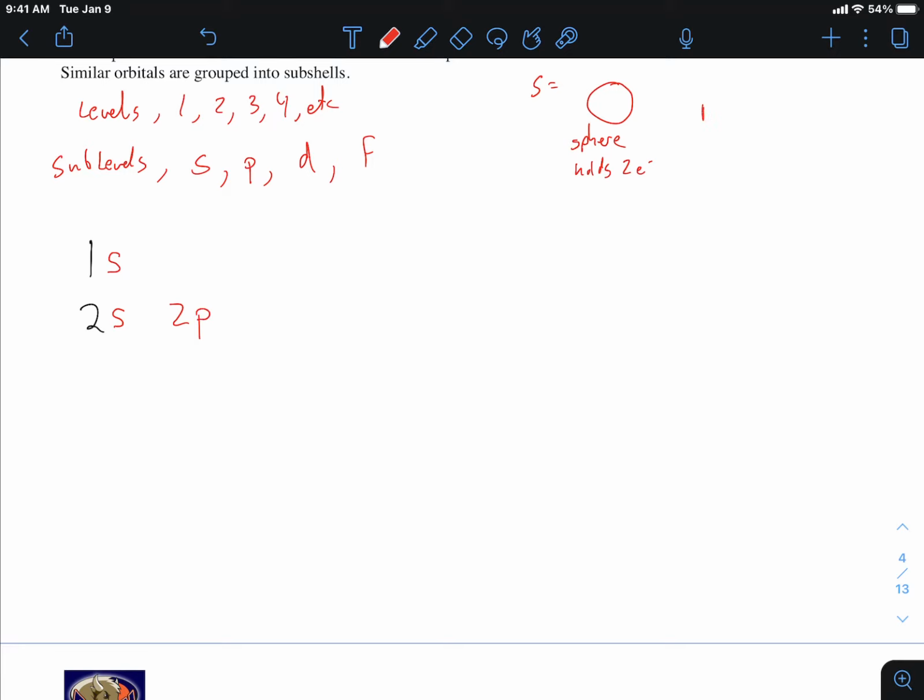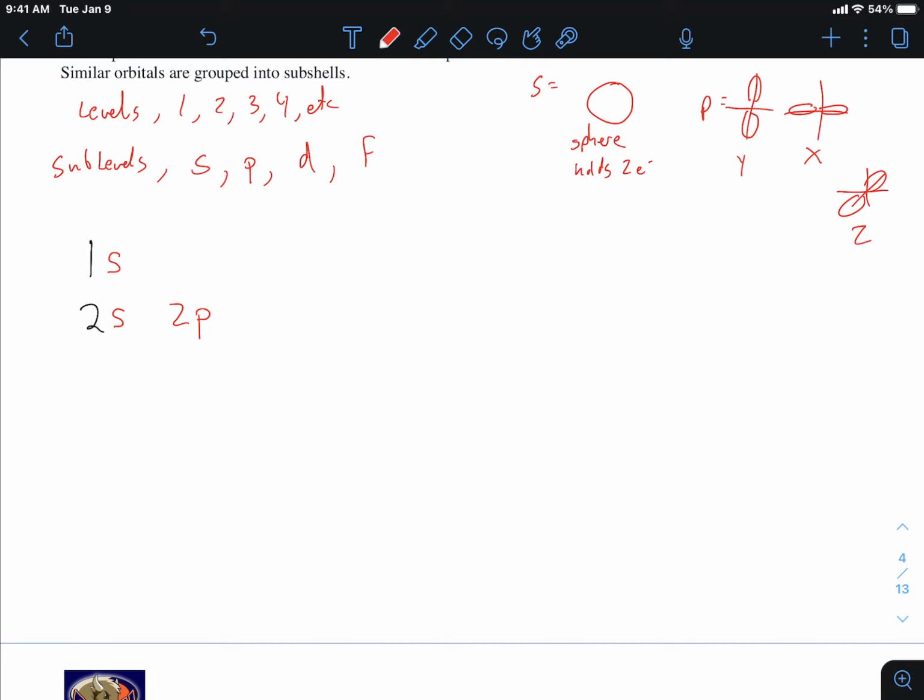A P sublevel looks like a dumbbell. And on an XYZ coordinate plane, there's a dumbbell along the y-axis, a dumbbell along the x-axis, and then there's a z-axis, which is what comes out towards you and into the screen. XYZ.